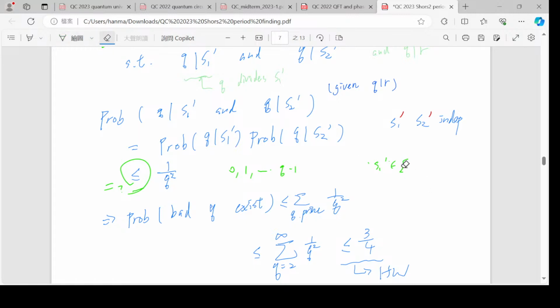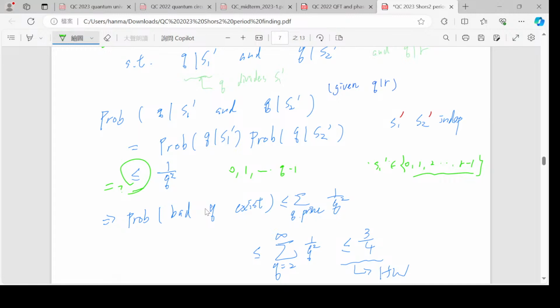Okay, so Q divided by R, I think, is actually equal to, because say S1 prime is in 0, 1 to R minus 1, right? And Q divided by R, so this is some multiple of Q. So I think this is exactly 1 over Q squared. But anyway, that will also be less than or equal to.